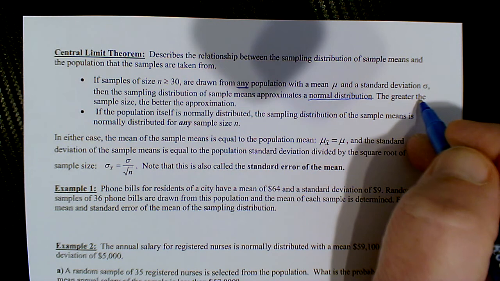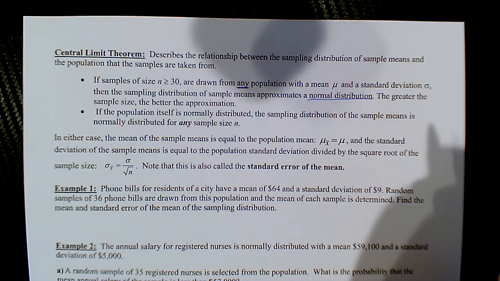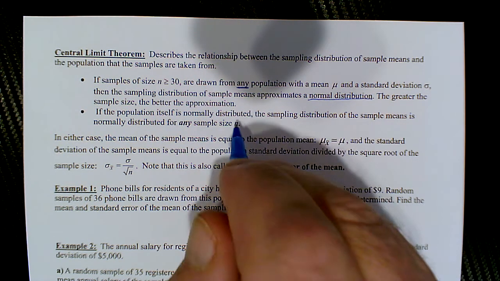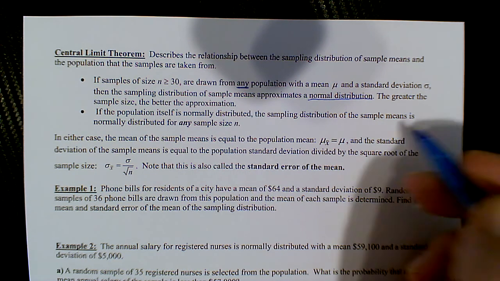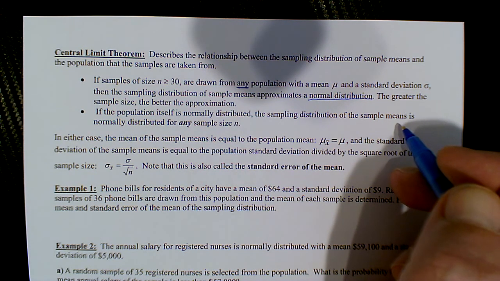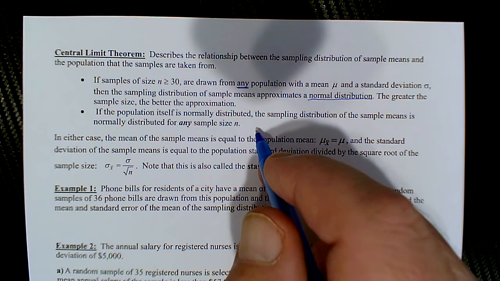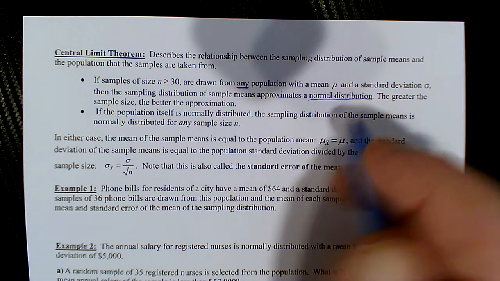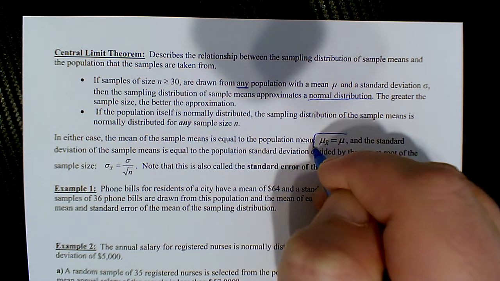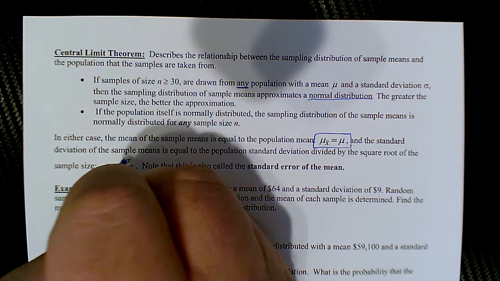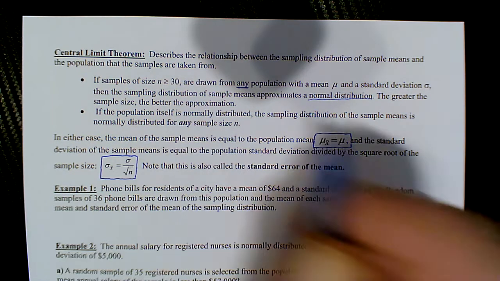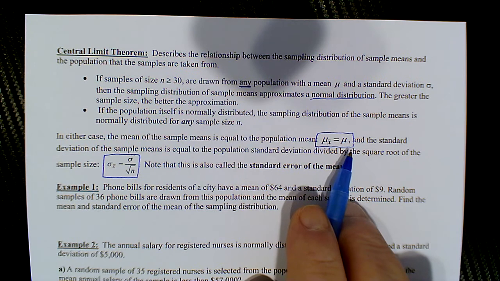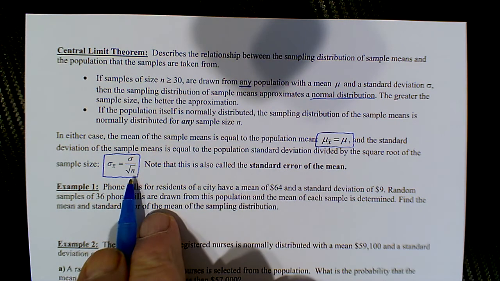And the bigger the sample size, the better the approximation to a normal distribution. But if the population's already normal to begin with, then the sampling distribution of the sample means is going to be normal no matter what the sample size is. But in either case, we have those two characteristics that we just theoretically illustrated: the mean of the sample means is mu, and the standard deviation of the sample means is sigma over the square root of n.